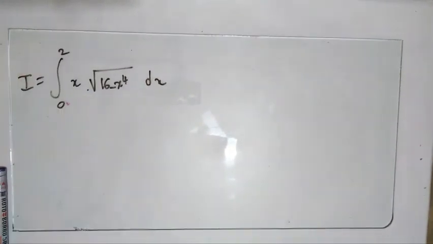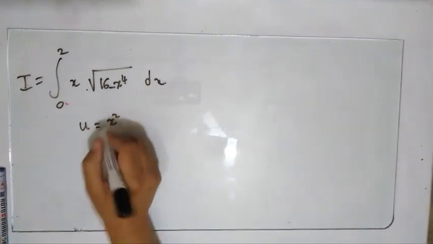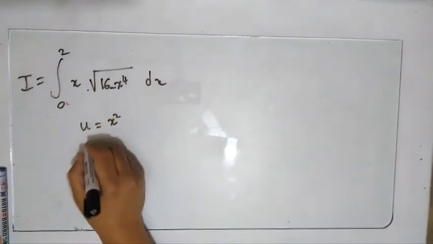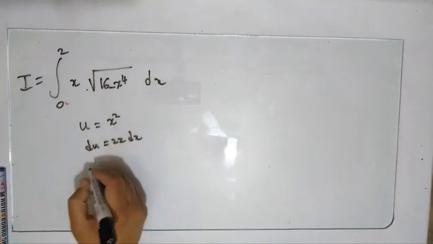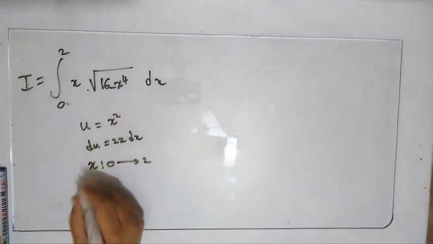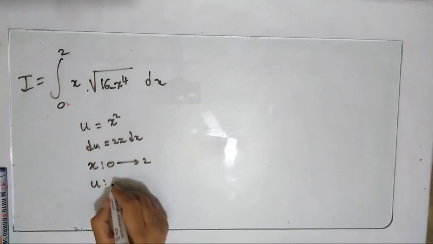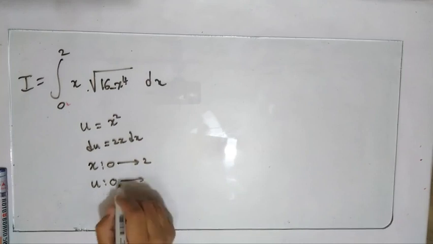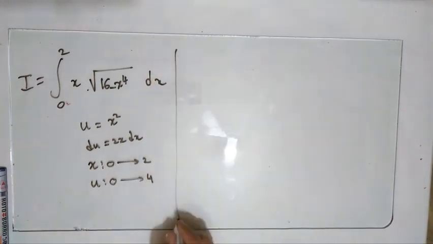You know how to solve this one, because if you use the substitution u equals x squared, then du equals 2x dx. And x is changing from 0 to 2, so when x equals 0, u will be 0, and when x equals 2, u will be 4.